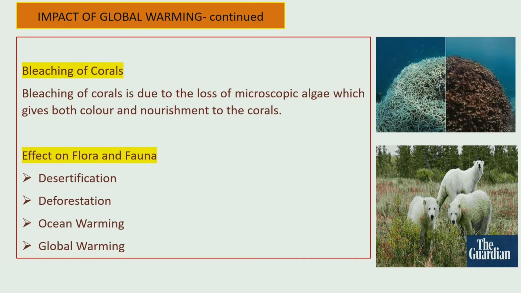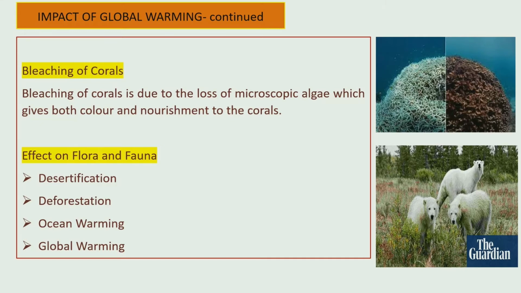Such extinction will be due to loss of habitat through desertification. When areas are not planted with trees, they are left and desert area is created. Then again, deforestation: the forest area has been cut down for factories that are set up, other construction work, and buildings being constructed.